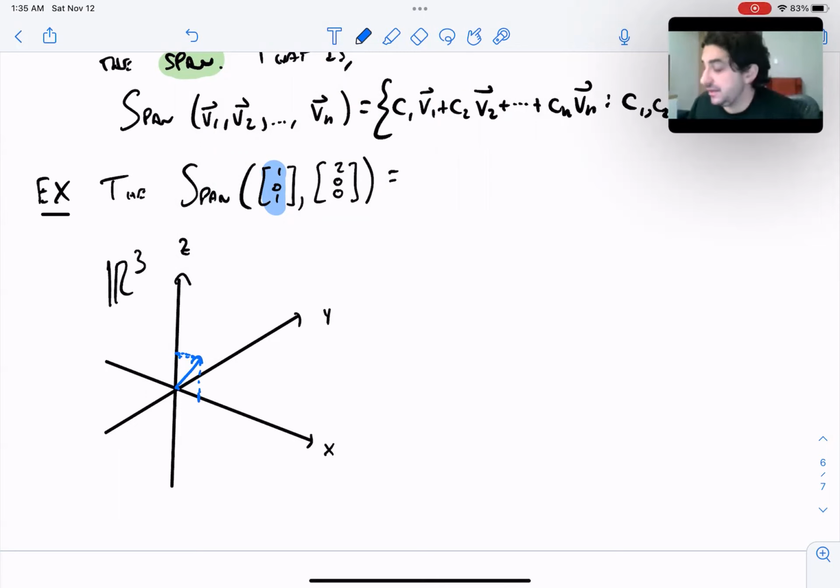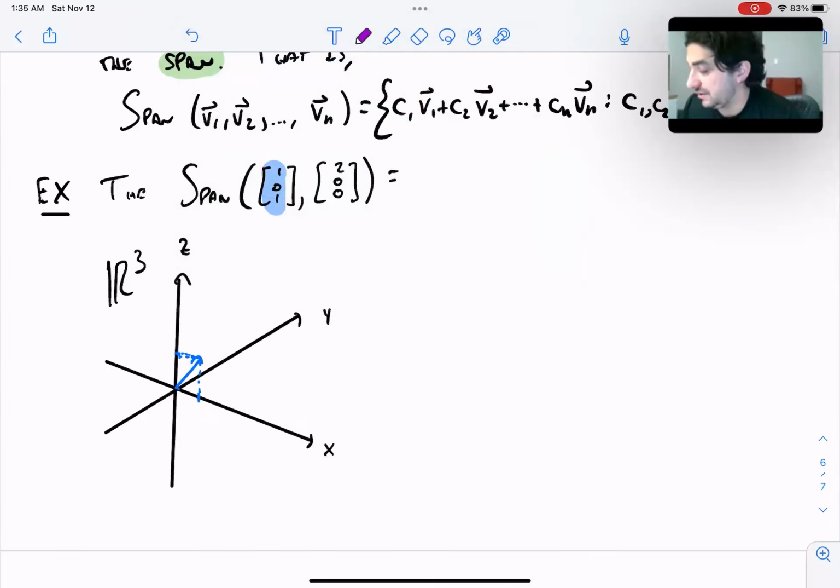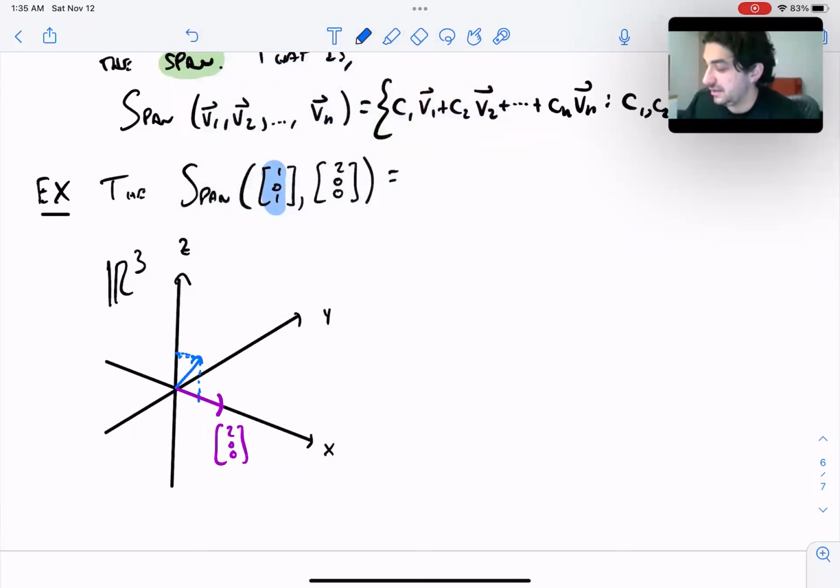And then I have this other vector, 2, 0, 0. So that's this vector here, there's (2, 0, 0). And here is this vector (1, 0, 1). So there are the two vectors.